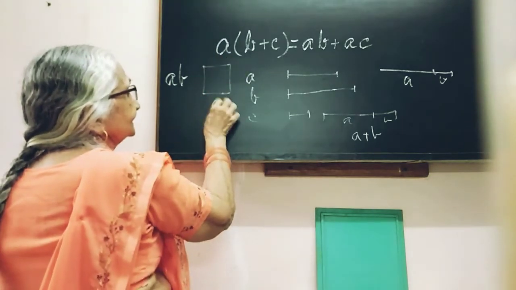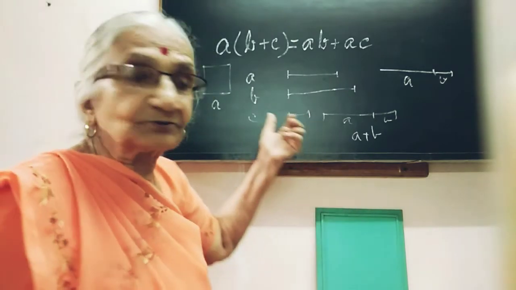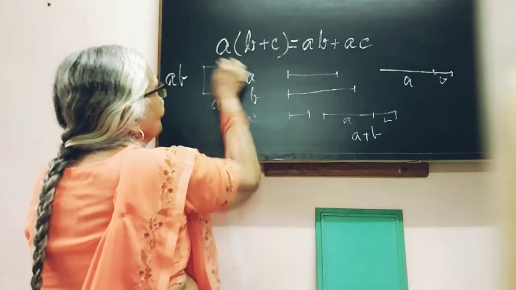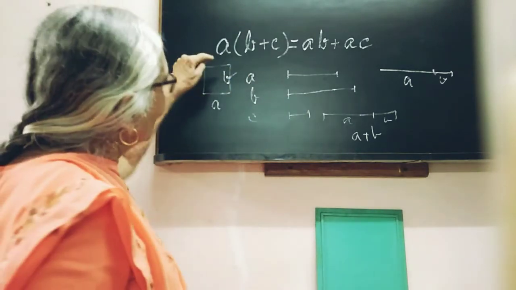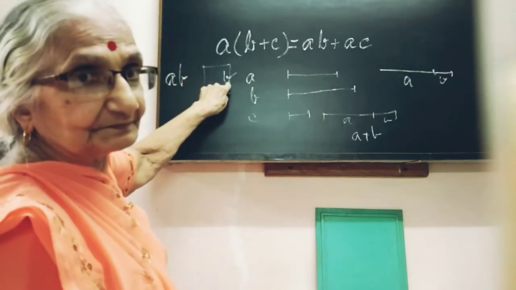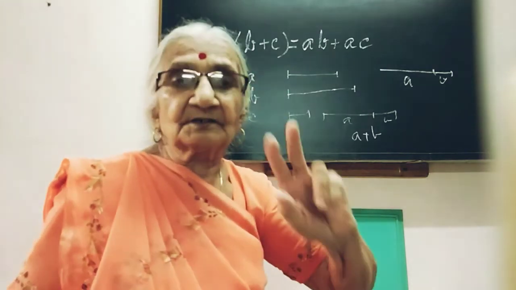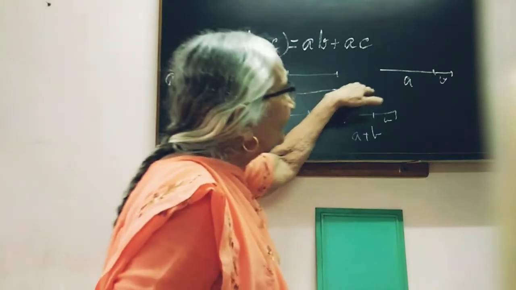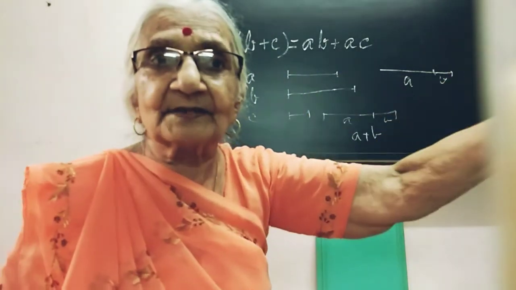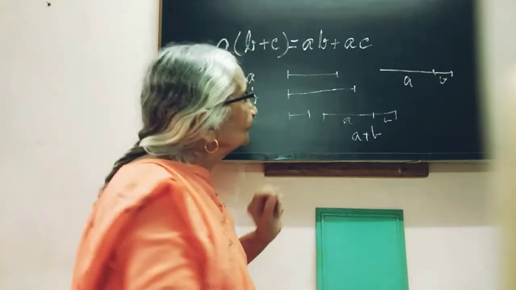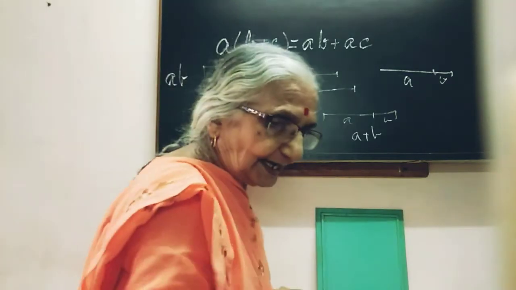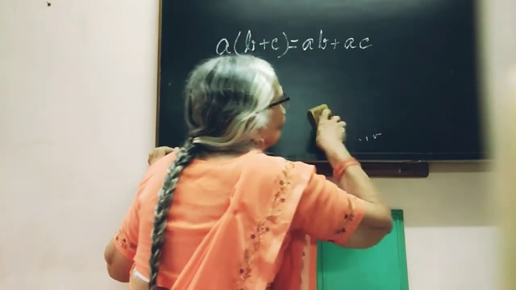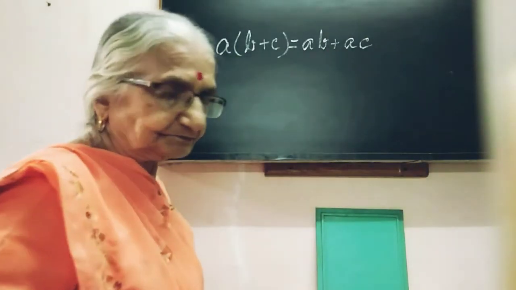One of the sides is a line segment of some length A, say, and the other is B. The area of this rectangle is A into B. So we shall represent a product by the area of a rectangle whose sides are A and B, and the sum by putting the two line segments side by side. So now we come to our model, and our model is for A into B plus C.